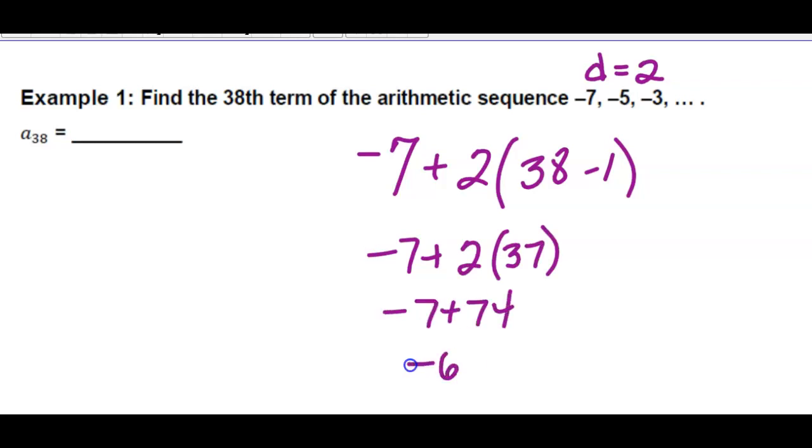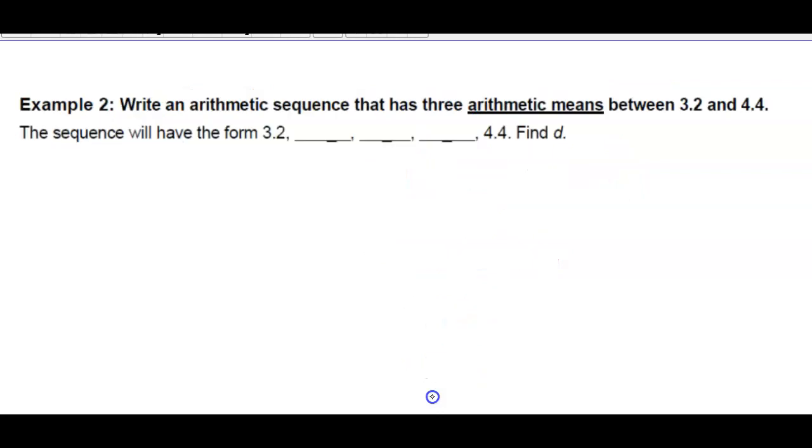I don't know, what is that? -67? Yeah, I think so. No, +67, just kidding. This is where I get my calculator and figure out how much of a mistake I made. -7 plus 2 times 37 is 67. Okay, I got that one.